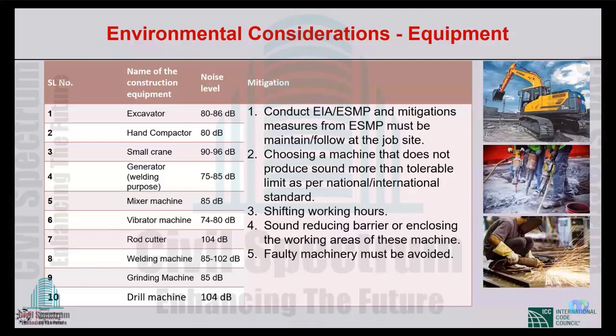That is a very good way to reduce the sound or noise level while working. And most of the time, we do not need to use faulty or old machines. We need to change or update those machines that we use in our construction sites.